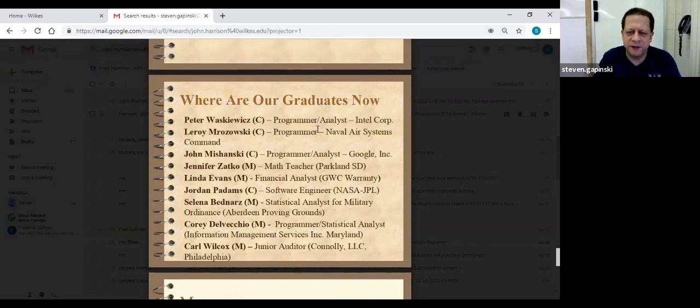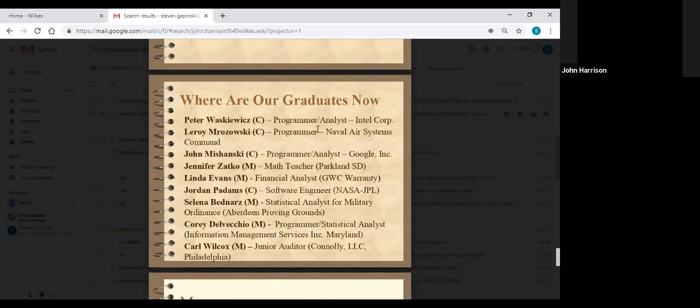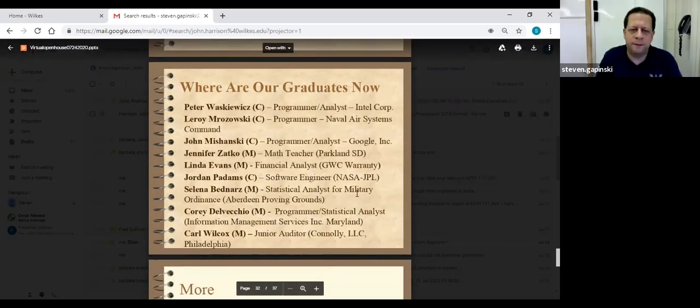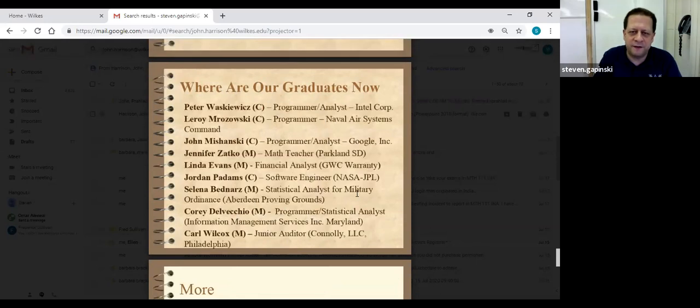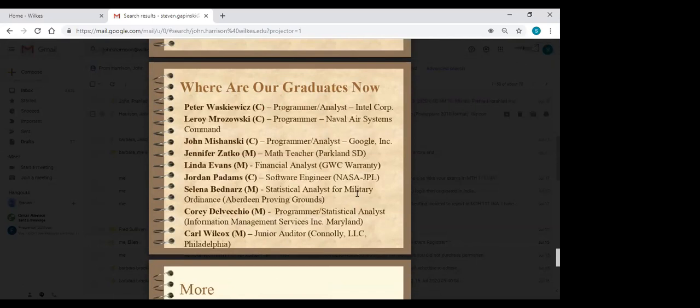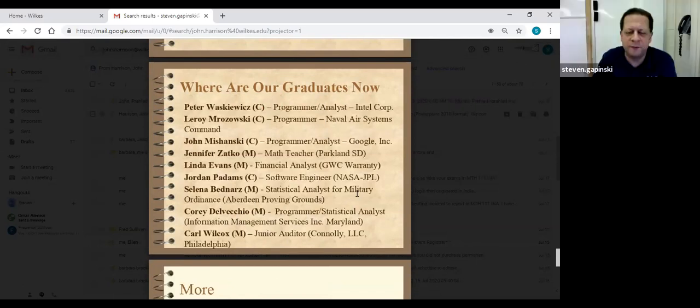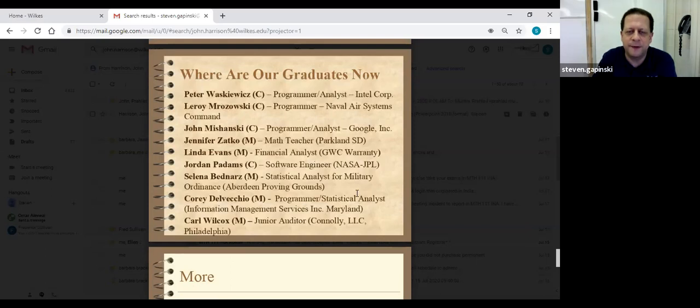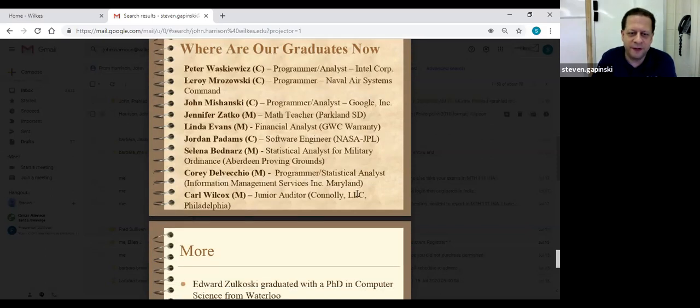I believe some of these are actually also not on that list. But again, it's a diversified list. We have a little bit of everything there in terms of where they ended up and what they're doing, and it just reinforces what we were saying about all the different opportunities that you can have if you complete either the math or the CS degree.